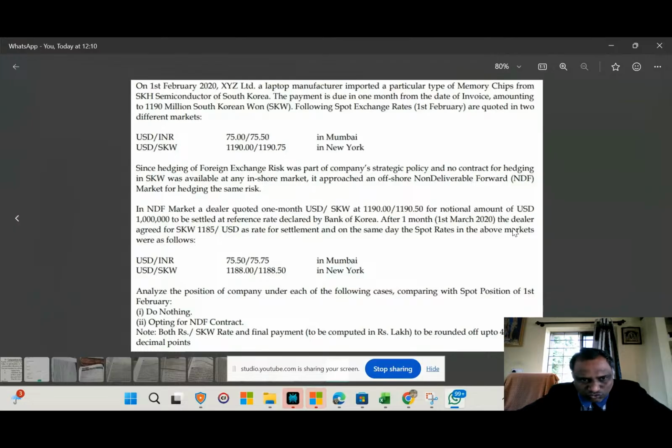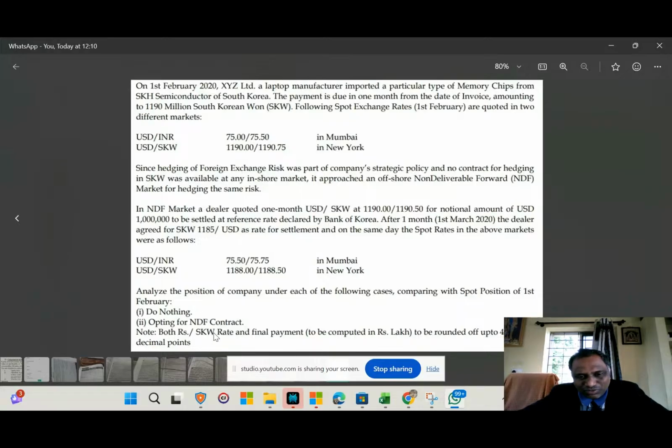On 1st March 2020, the dealer agreed SKW 1,185 per USD as the rate for settlement, and on the same day the spot rates in the above markets were as follows: USD INR in Mumbai, and USD SKW in New York. Analyze the positions of the company under each of the following cases. Compare with the spot position on 1st February. Do nothing, opting for the NDF contract.